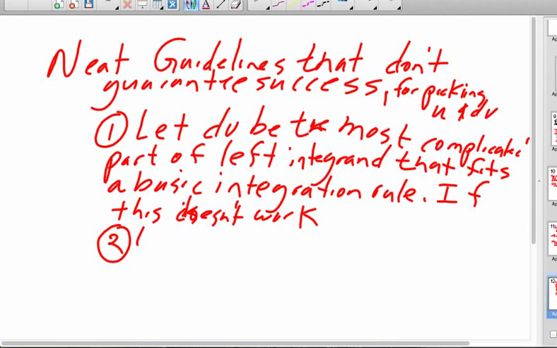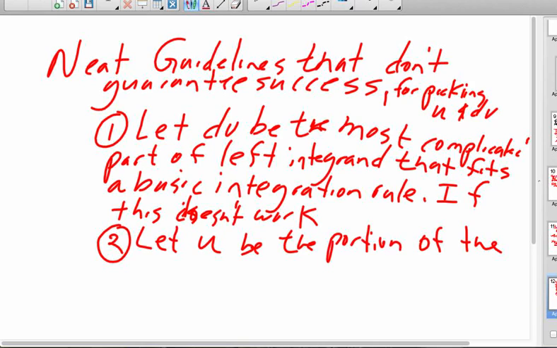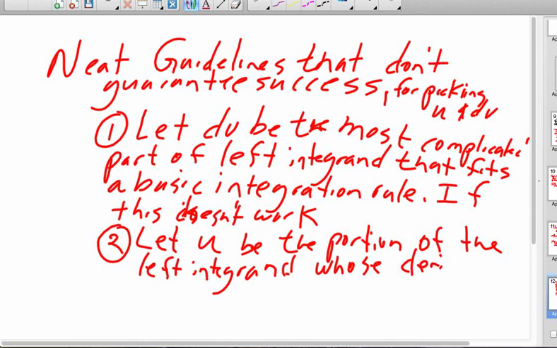So let u be the portion of the left integrand whose derivative is simpler than u.